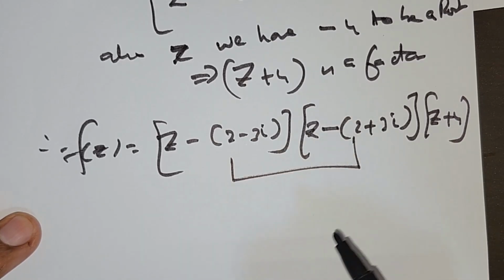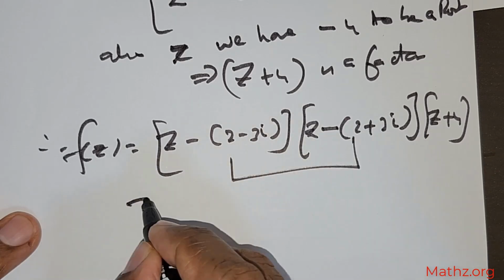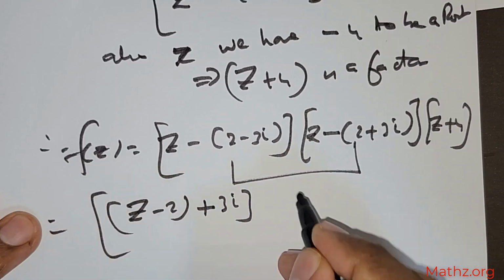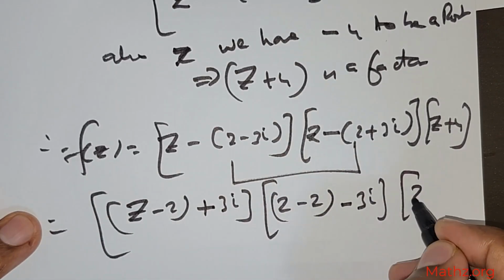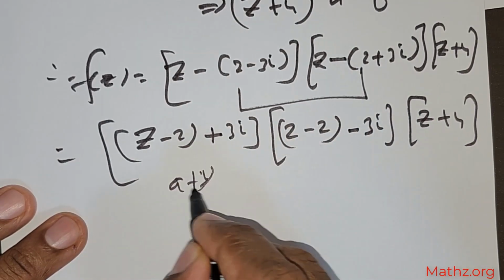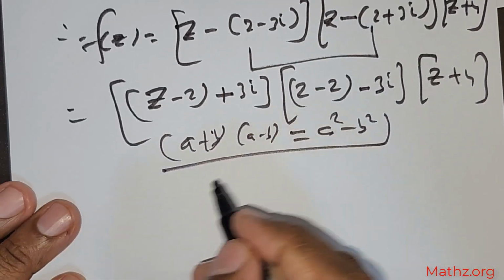Now I will club these two together. I'm going to rewrite this as z minus 2 plus 3i multiplied with z minus 2 minus 3i, times z plus 4. Now this is (a plus b) multiplied with (a minus b), which is a squared minus b squared.